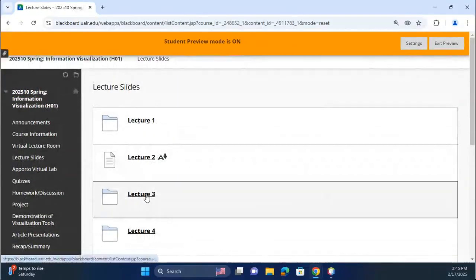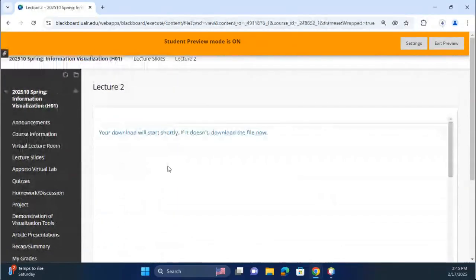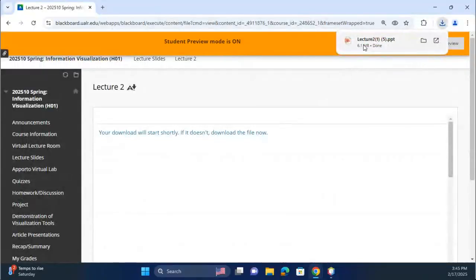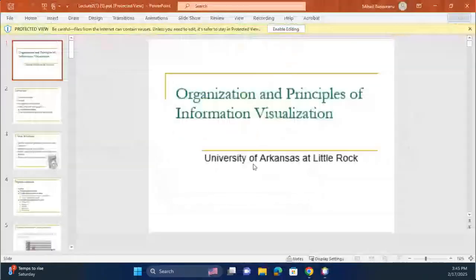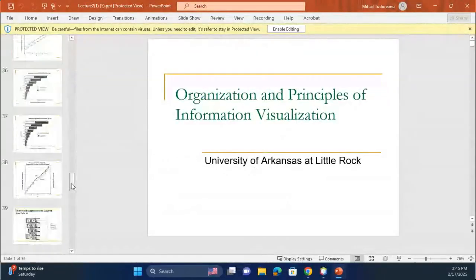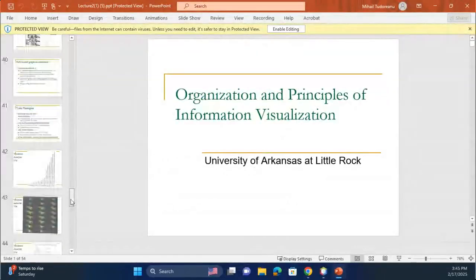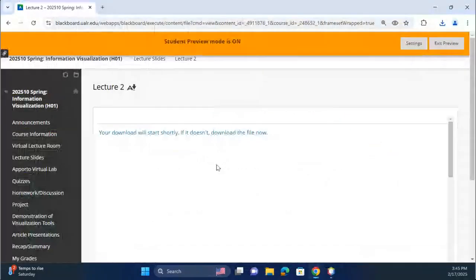Tufte is coming up in lecture 2. Yes. Okay, so Tufte will be talked about today. So keep that in mind. And let me go back to the homework.